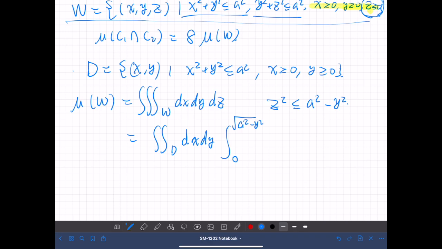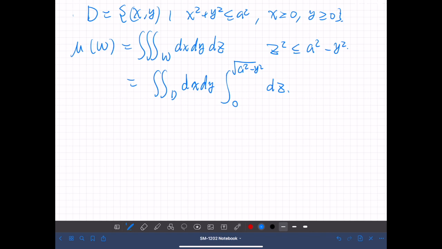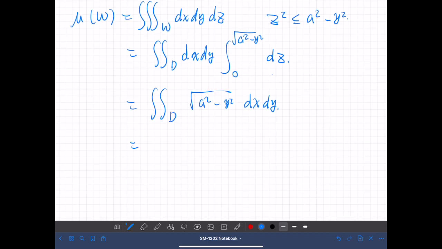and if you integrate this, we have the square root of a squared minus y squared dx dy. Then let's integrate this with respect to x first.